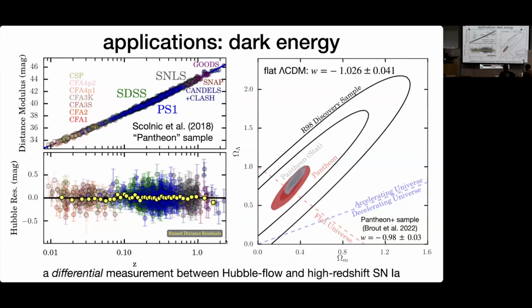Okay? And then the really interesting thing about this is that no astrophysics has to go into this measurement. In fact, you don't even ever have to know what the luminosity of a type 1a supernova is in ergs per second. For this dark energy measurement, all you need is a differential measurement between relatively low redshift type 1a supernovae, so in the smooth Hubble flow, less than about 0.1, and high redshift.